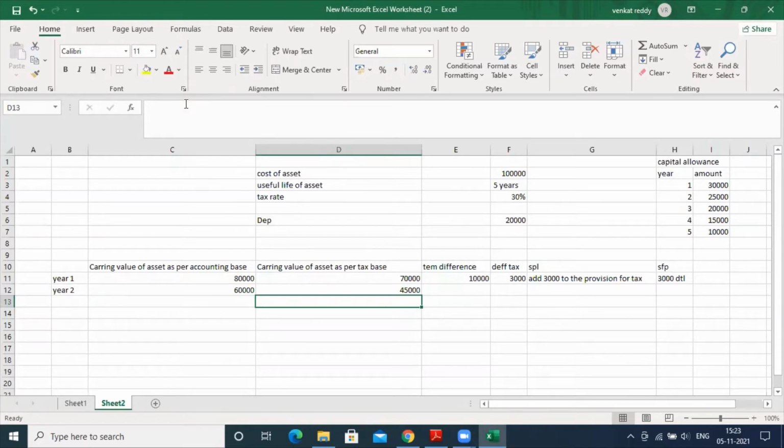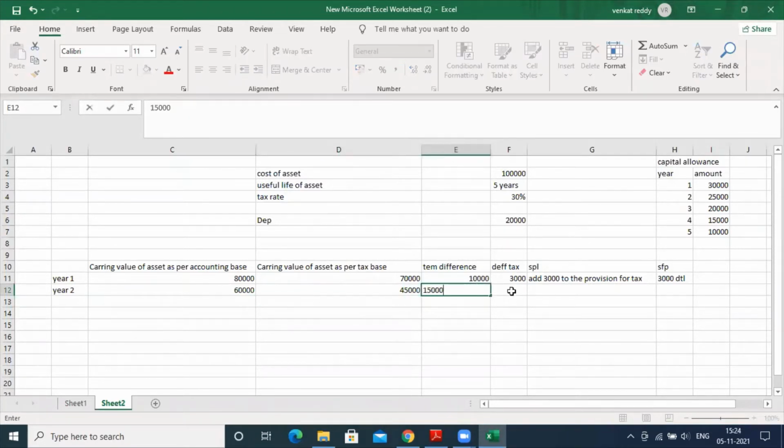The carrying value as per tax base would be 70,000 minus the second year capital allowance, which is given as 25,000, so it is 45,000. So there is a temporary difference of 15,000.